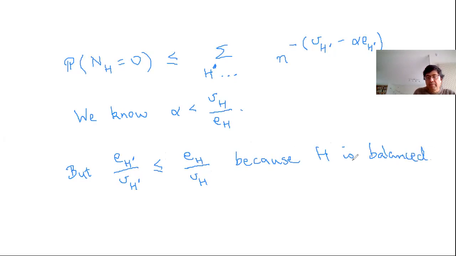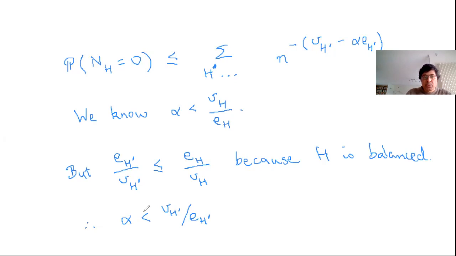If H is balanced, every subgraph has edge density no bigger than that of H. So EH' over VH' is less than or equal to this, or VH' over EH' is bigger or equal to this ratio here. So another way to say that is that alpha is therefore also smaller than VH' over EH', because this ratio is at least as big as the ratio VH over EH, which dominates alpha.